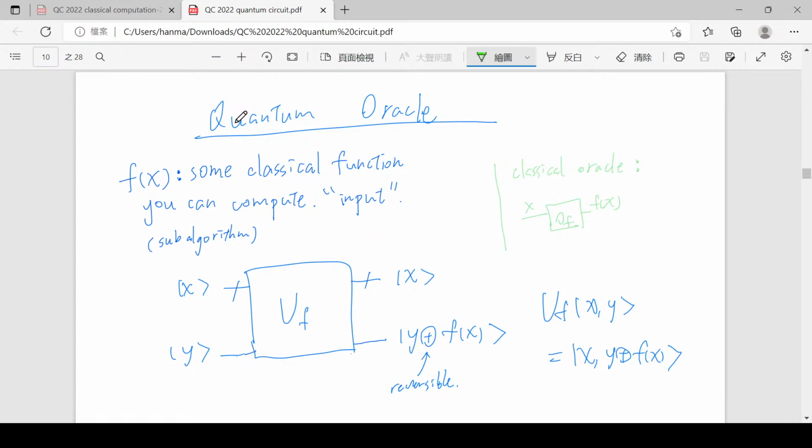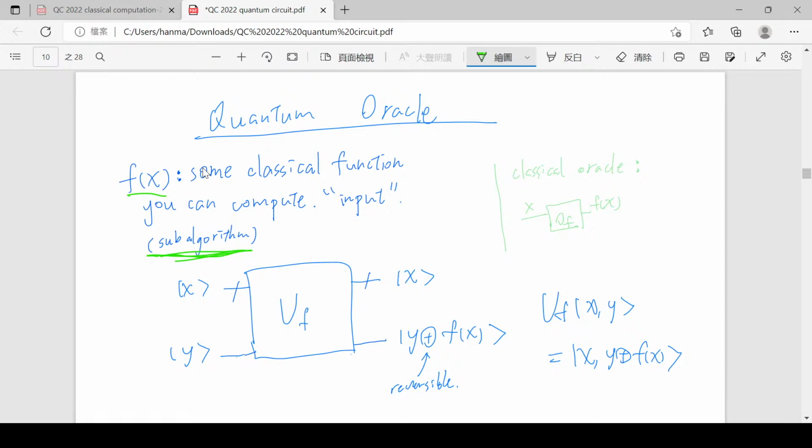So the motivation is, you have some sub-algorithm, okay? Let's say your algorithm has some sub-algorithm that you want to run many times. And the sub-algorithm computes some classical function, f of x, because you are solving some partial problem, probably.